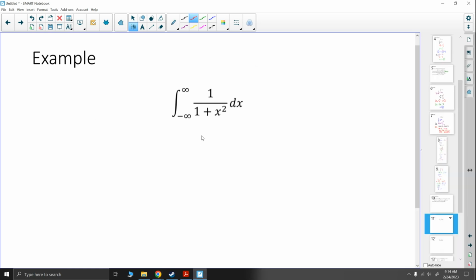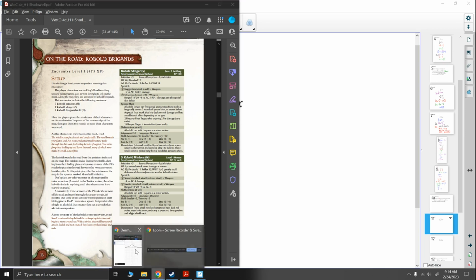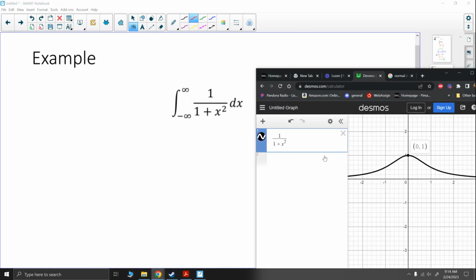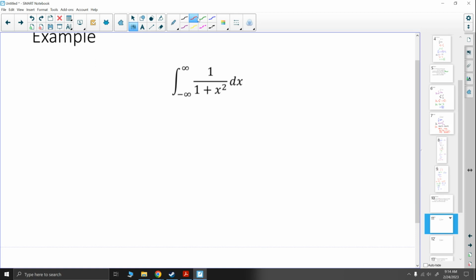Not that it really matters. But the benefit of that, technically speaking, is if we were to just integrate one side, the other side is a mirror of it, so technically I could just double it. That would be the benefit of splitting it at 0.